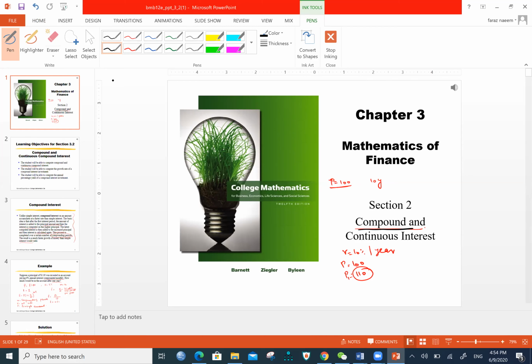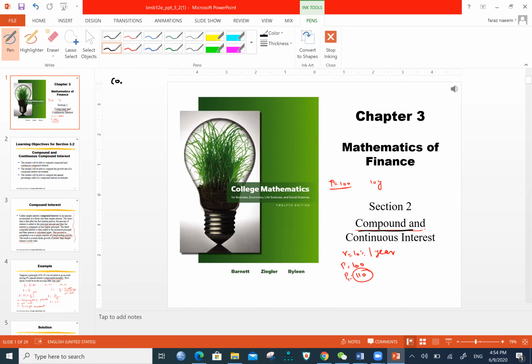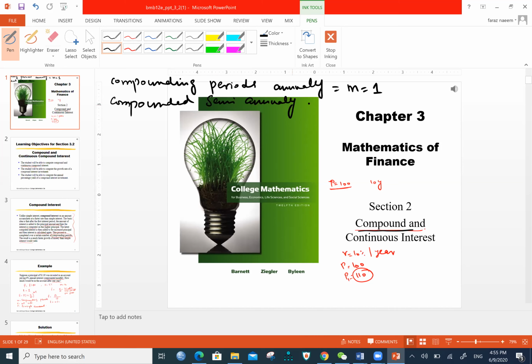For example, if we say compounded annually, we denote it by M. So in 1 year we are computing interest 1 time. If we say compounded semi-annually, that means M equals 2.